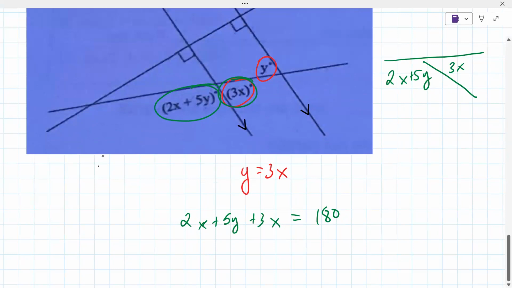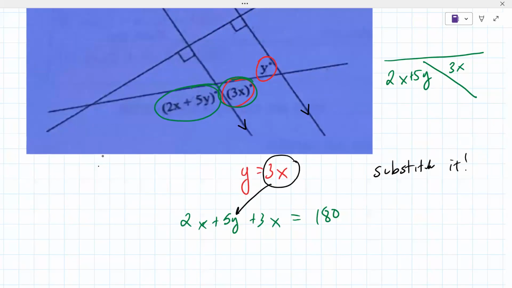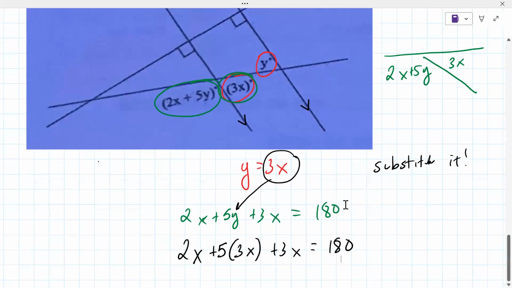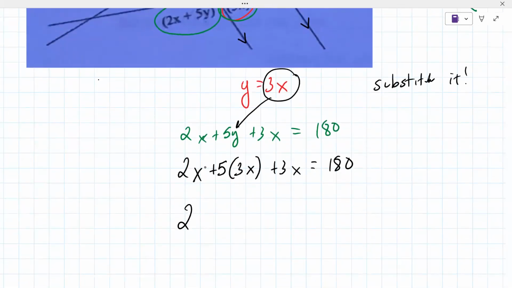Where can you substitute it? For the 5y, right there. So it's 2x plus 5 times 3x plus 3x equals 180. All right. So this is 2x plus 15x plus 3x equals 180.